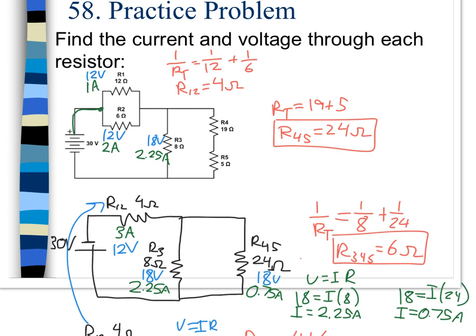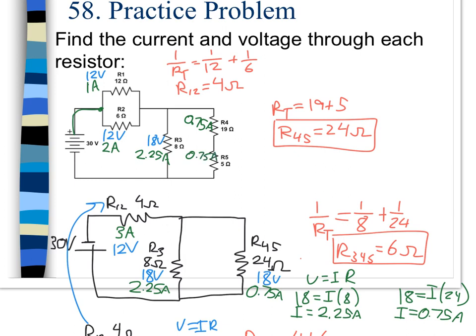I then look at my last combination here, which is R4 and 5, which were combined in series to make this resistor, R4,5. Since they were in series, they each get that full current. So each one is going to get this 0.75 amps of current. And from there, I can use that to get the voltage on each one. So that's 0.75 amps, that's 0.75 amps.